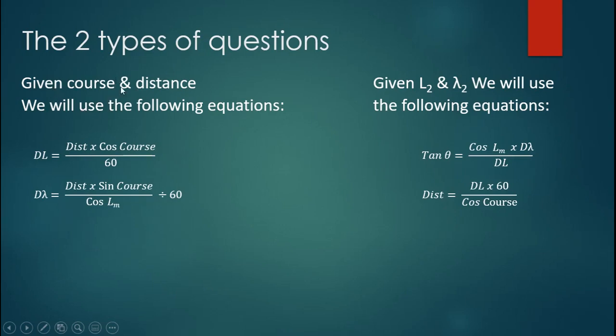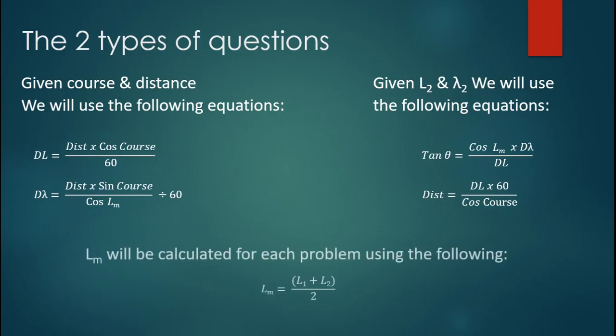So given a course and a distance, you'll use these two equations. Given L2 and lambda 2, you'll use these two equations. And that's just as important as learning the equations themselves is learning when you will use them. So memorize the equations, but not only memorize the equations, but also memorize when you'll use the equations.